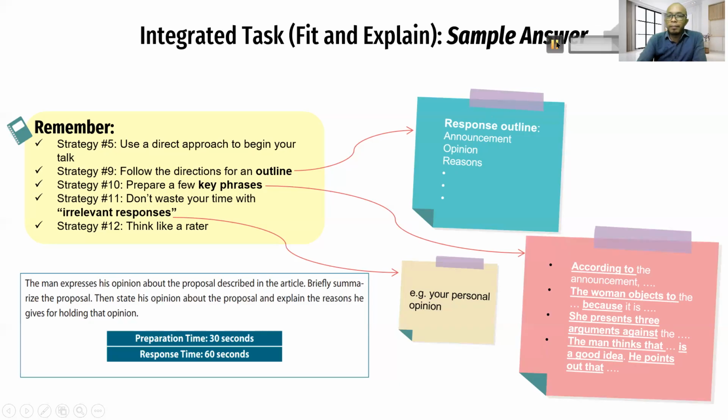He thinks so for two reasons. So there, the student gives an outline of two reasons. Again, this will be helpful to keep you on track when you are responding to the questions.